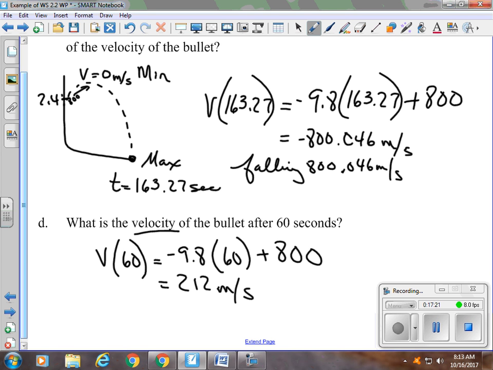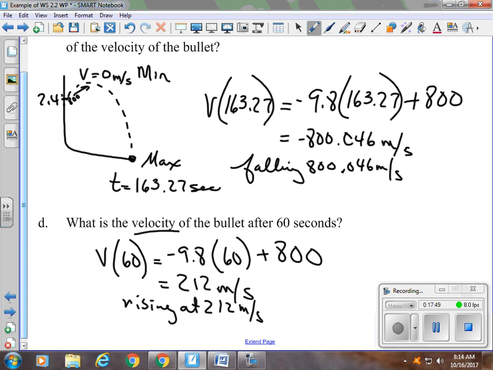212 meters per second tells me that on the way up, after 1 minute, it has slowed down to 212 meters per second from the 800 it started at, but I know it's on the way up because it came out positive. So it's rising at 212 meters per second. When you interpret it, on the AP test, you might have to write a sentence explaining your answer.